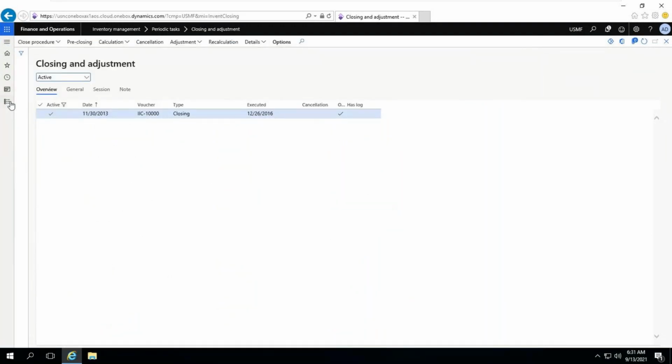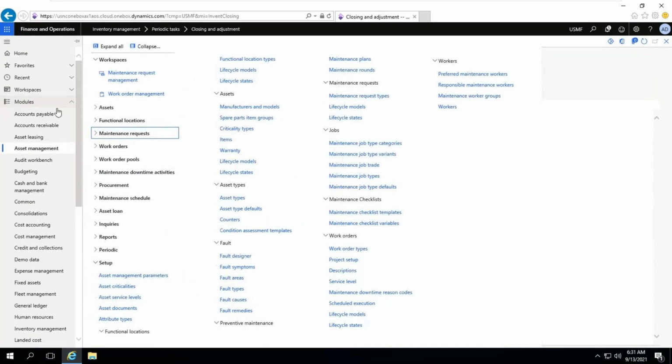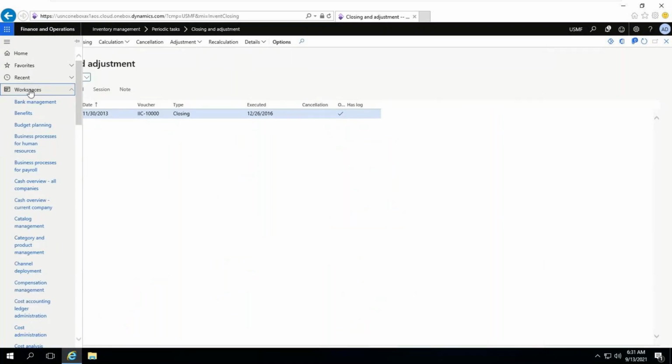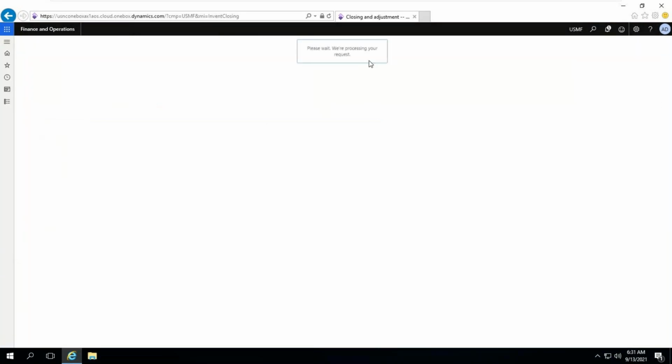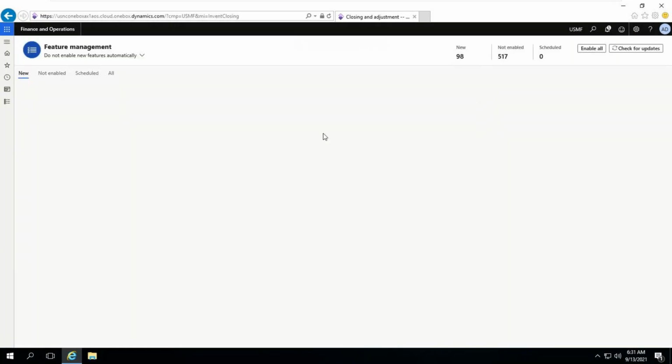If you want landed cost and asset leasing, what you have to do is go to workspaces, then feature management, and activate: enable asset leasing and landed cost. 19 is a later version than mine; mine is 17 only.